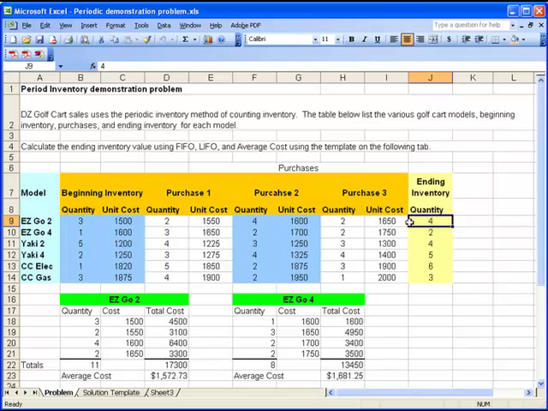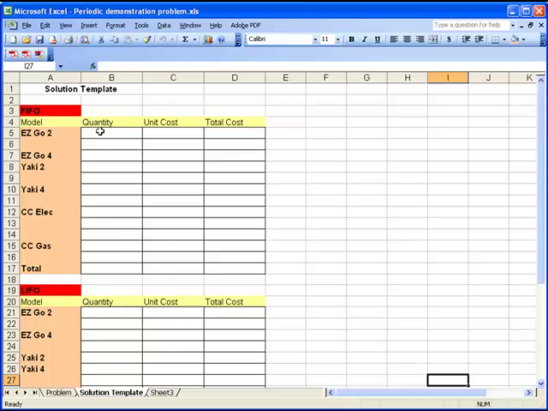Here we see we have 2 that we bought for $1,650 and then 4 at $1,600. So our ending inventory is going to be made up of 2 of these and 2 of these. On my template, 2 at $1,650 and 2 at $1,600, and then my total cost for those is $1,650 times 2.